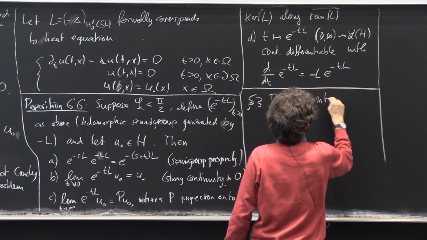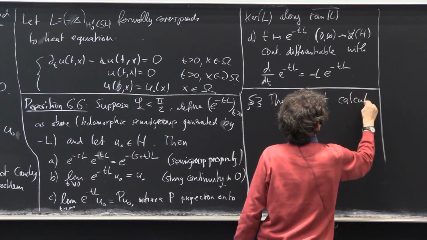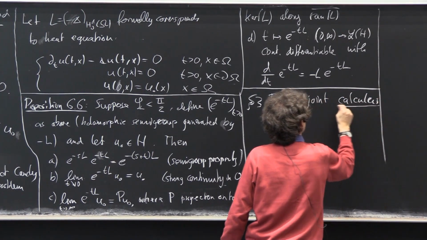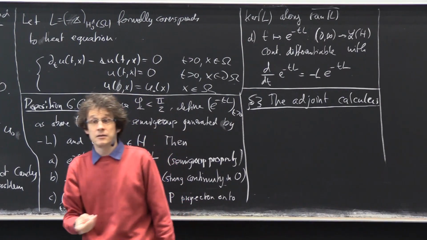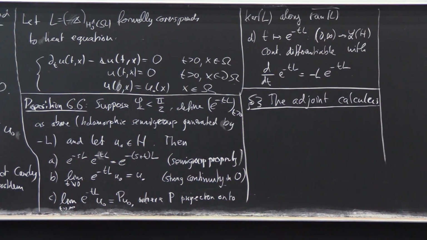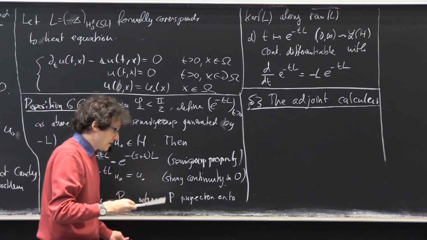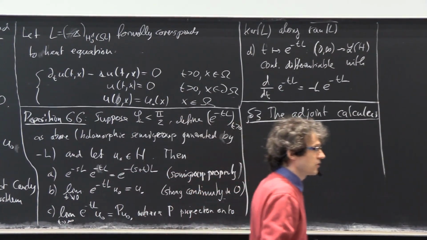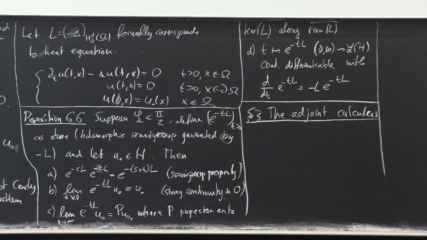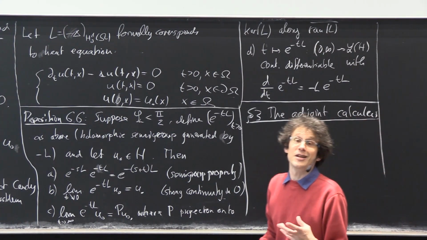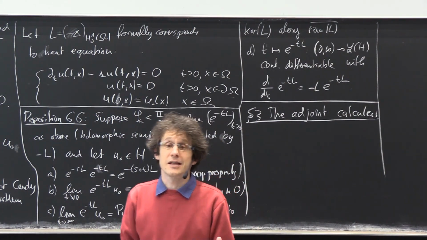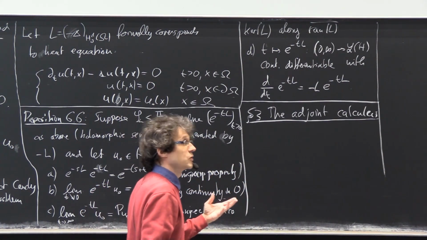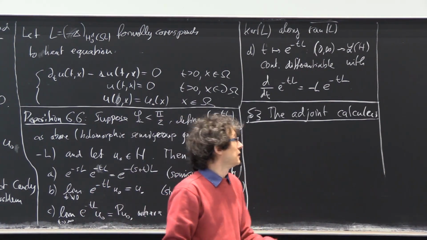What I will look at now: we have a functional calculus for our sectorial operators L. We've seen that once you have an operator L that is sectorial, then the adjoint of this operator has the same property. It's also a sectorial operator, so you can also do a functional calculus for L star. And the obvious question is, are the other two calculi somehow interrelated? Is there a relation between the calculus for L and for L star?